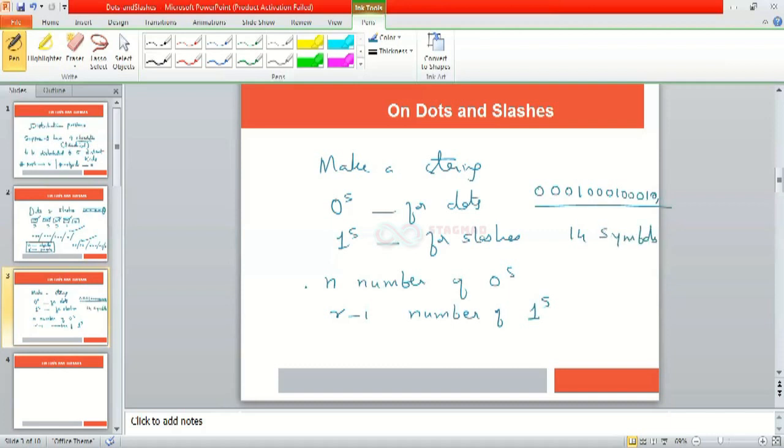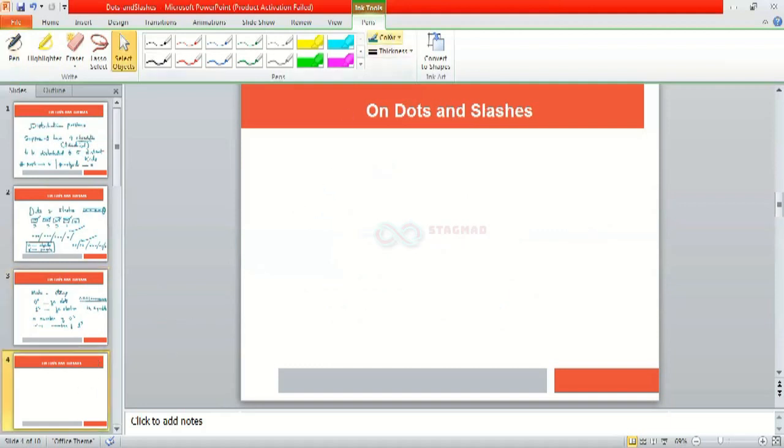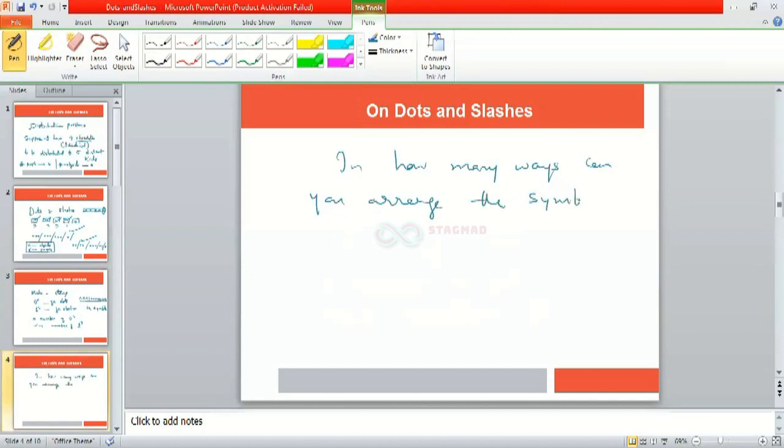You've seen in the course on permutations and combinations that this is exactly like asking in how many ways can you arrange the symbols or letters of a certain word.